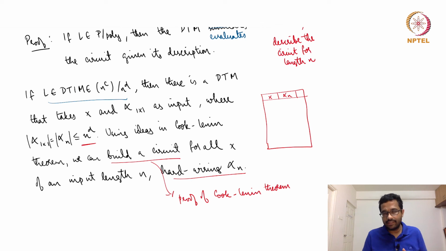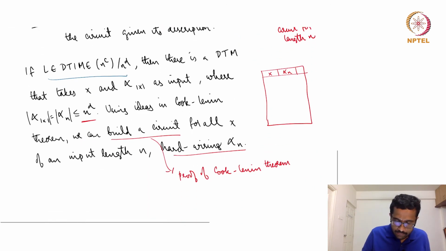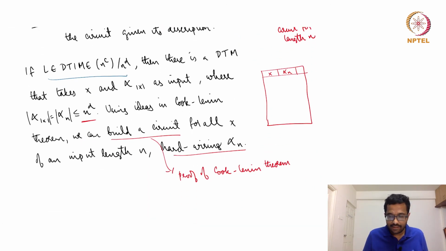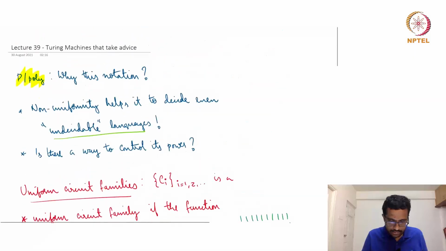You have the circuit that decides whether x is in the language or not, and obviously that circuit will be polynomial sized. So that is why DTIME(n^c) / n^d is contained in P/poly, and that is all that I have to say in this lecture.